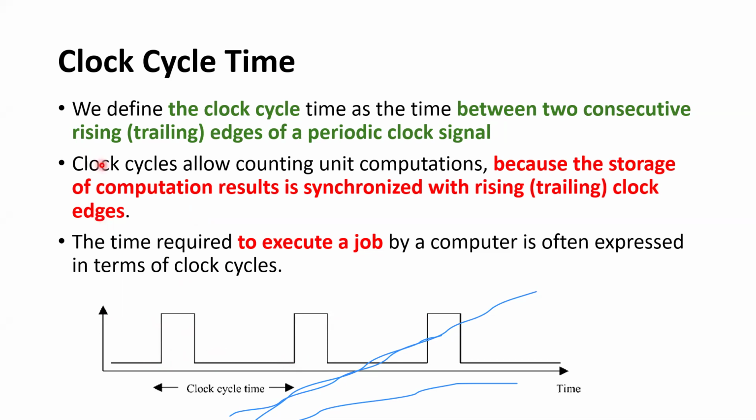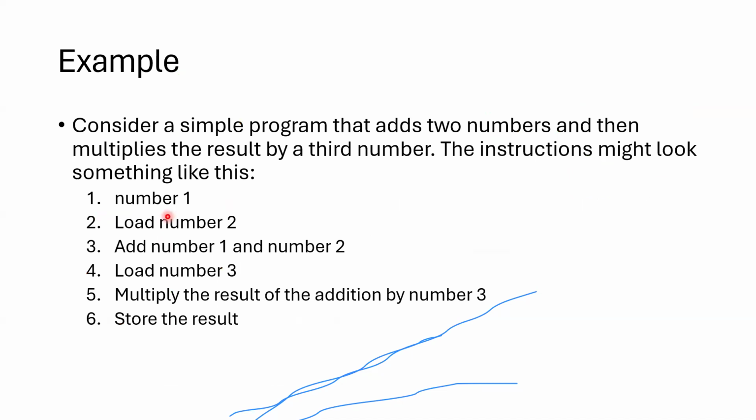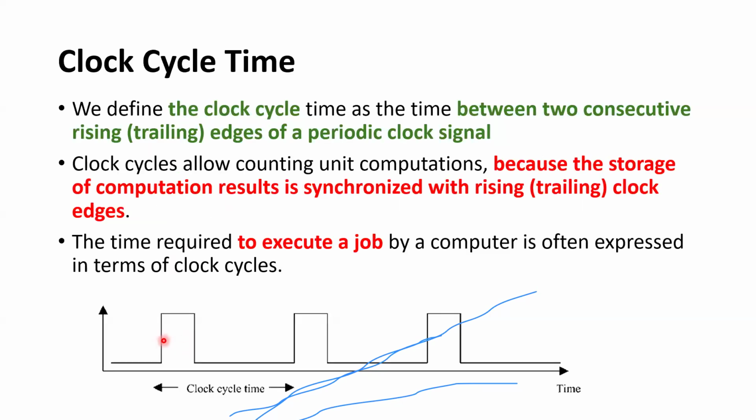The second point, clock cycles allow counting of unit computations. Why does it allow that? Because of the storage of the computation results. That means that if I was here and I did all of these things and I got to step 6 here, where I load the result and store it into the particular memory, or put it into display, for example, by the time I get here, I should be done.